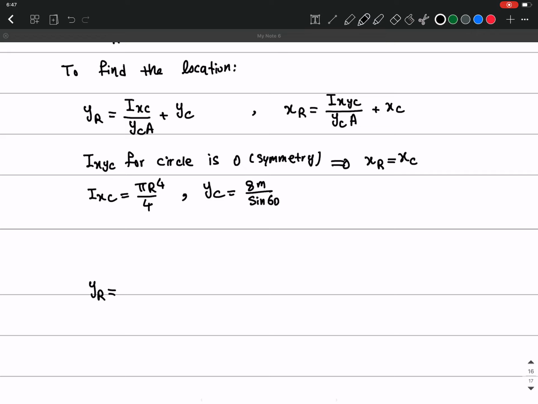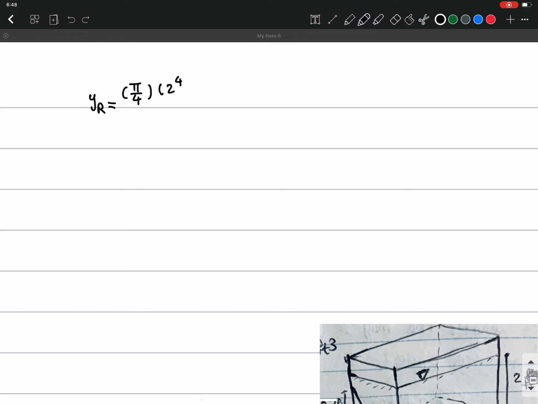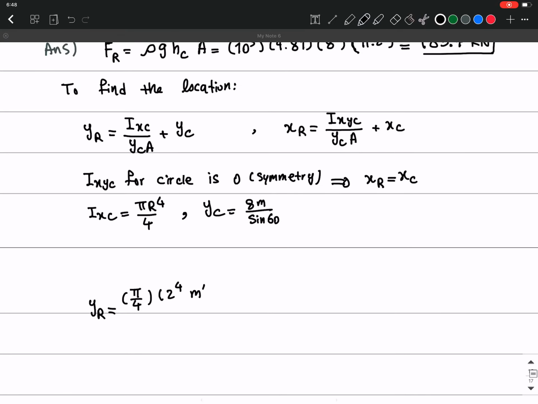So yr is gonna be Ixc, which is gonna be pi over 4 times r to the power 4, which is 2 to power 4 of meter also to power 4, over yc, which is going to be 8 meter over sine 60, times A, which is pi r squared, right?